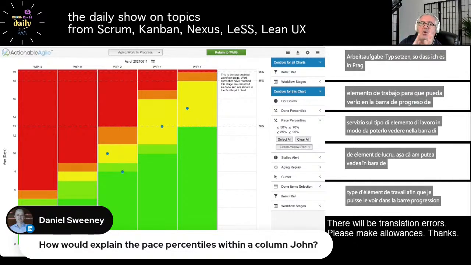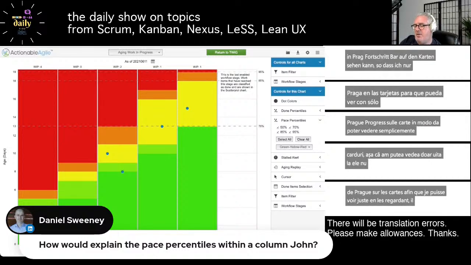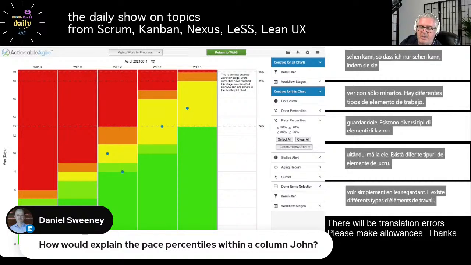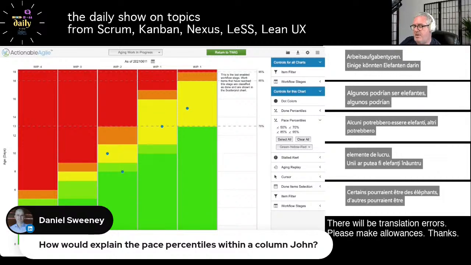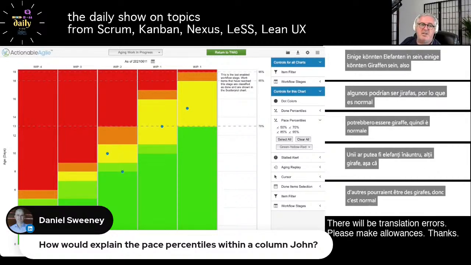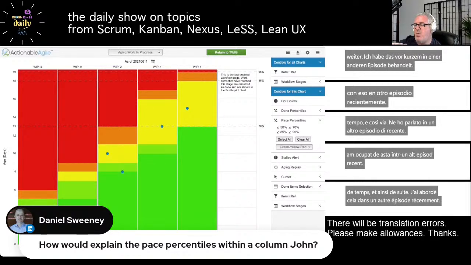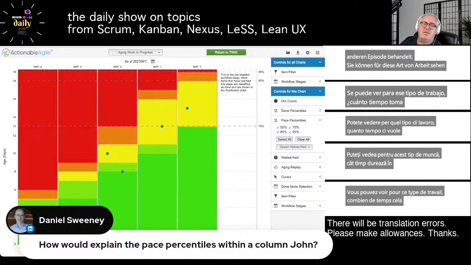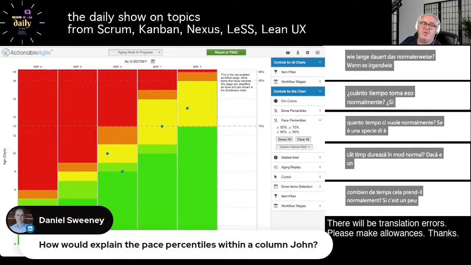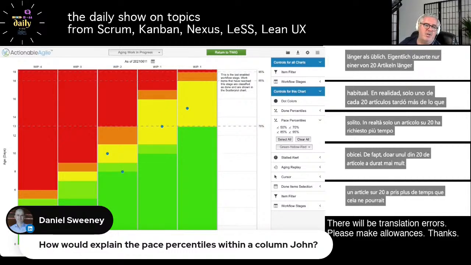So I can see just by looking at them, because with different work item types, some might be elephants and some might be giraffes. It's normal for an elephant to take longer and so on. I dealt with that in another episode recently. You can see for that type of work, how long does that normally take? And if it's a bit longer than usual, actually only 1 in 20 items took longer than this, that might get people to pay a bit of attention.